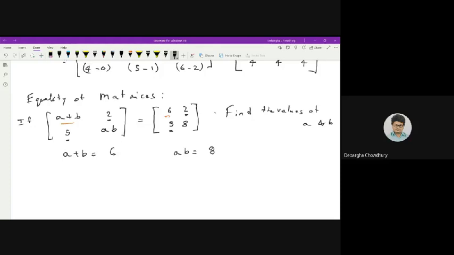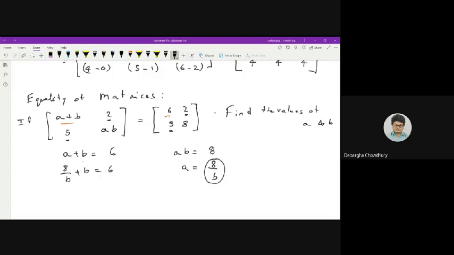That's it. Now it's quite simple to find the values of a. We can write a equals 8 by b. Now this value of a we can replace in this equation, so it can be written as 8 by b plus b equals 6, isn't it?